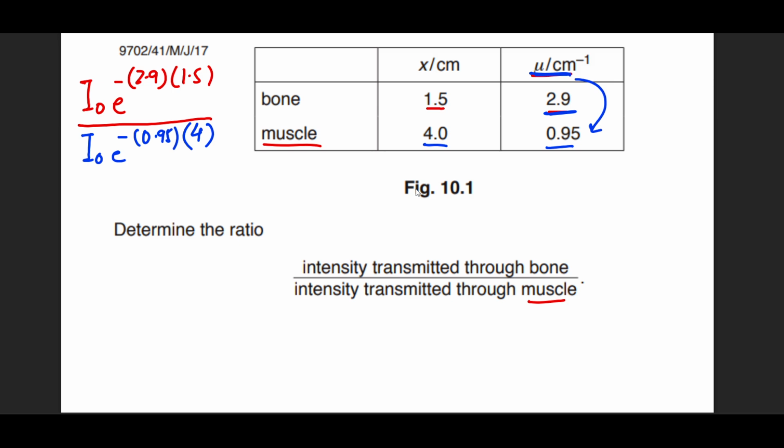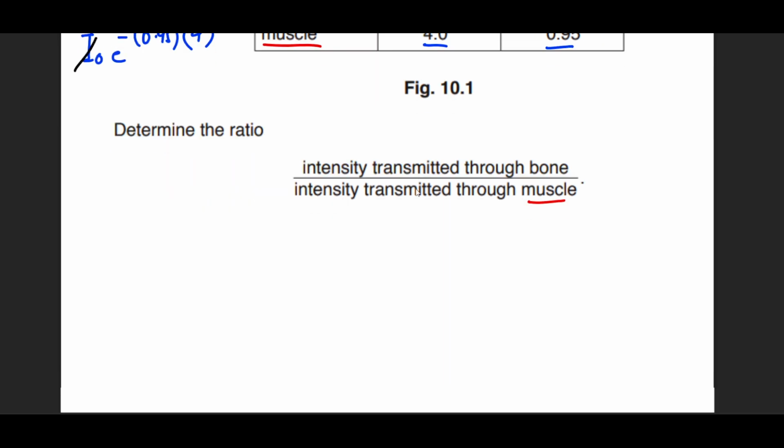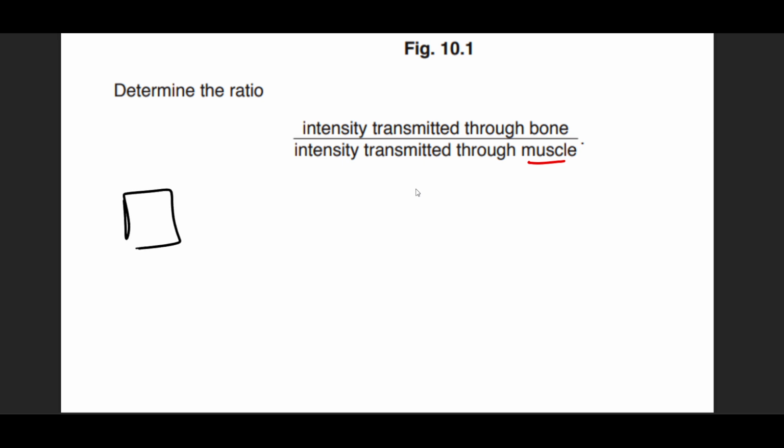Now, I naught is going to get cancelled out, right? I naught gets cancelled out. Why? Because let's say if this is your muscle, this is your bone, this is muscle, you're introducing the same intensity I naught to the muscle. And when you're trying to calculate the equation, that becomes I naught e raised to power minus mu. So both of them receive the same radiation.